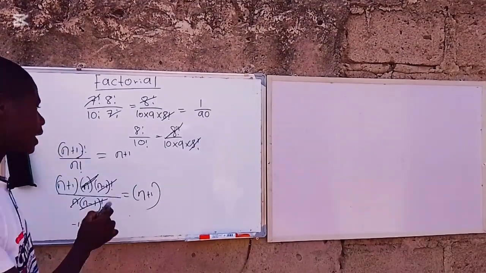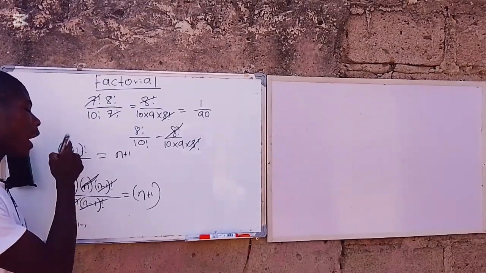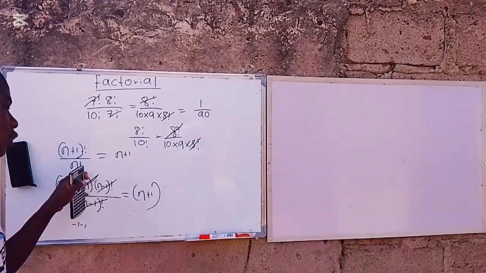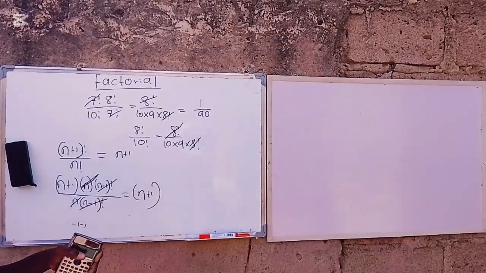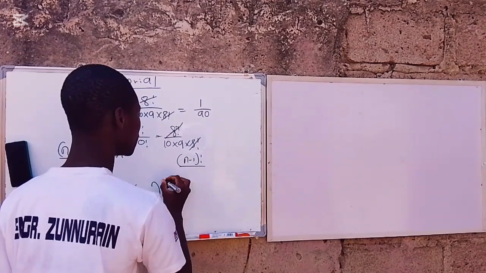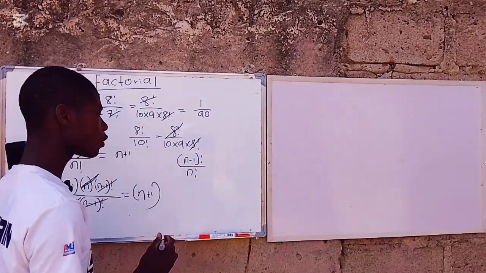So this is proof, as I said, this n plus 1 divided by n, it is equals to what? All in factorial, it is equals to n plus 1. So what if I have n minus 1 factorial divided by n factorial? What should I going to get?